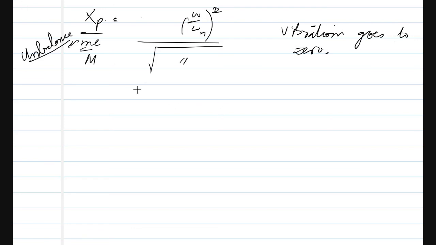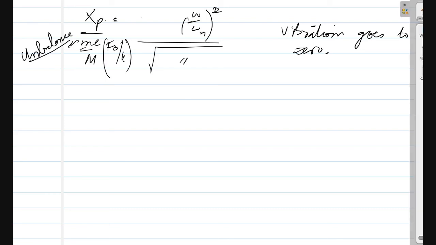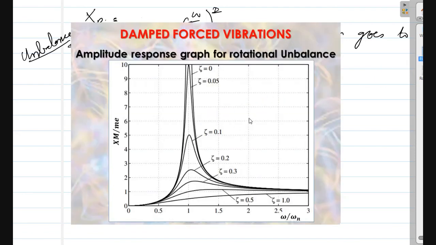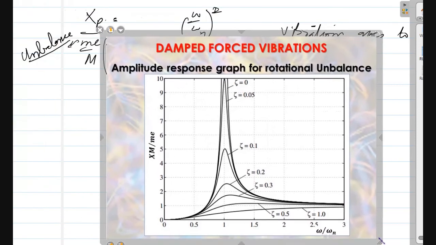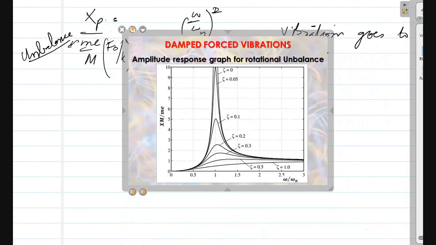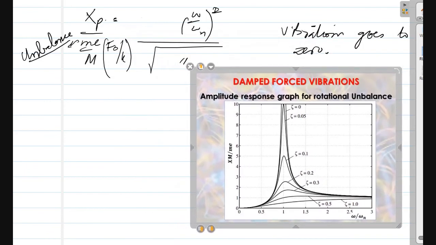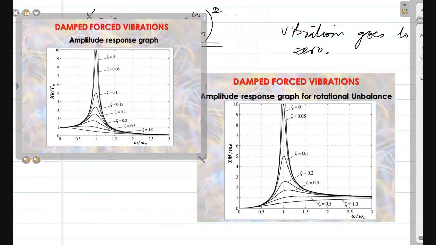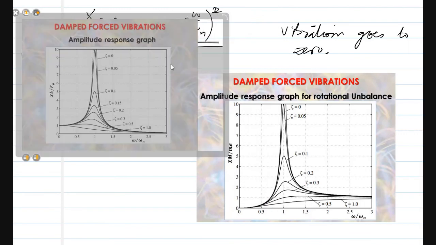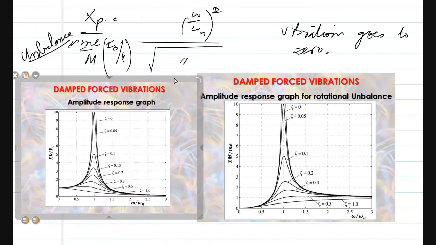If you look at this equation, and if you remember the forced vibration, there it is f naught over k, but here it's me over M. Now if you look at this response of the rotational unbalance, and compare it with the general response of the forced vibrations, I am showing you both responses just for comparison.